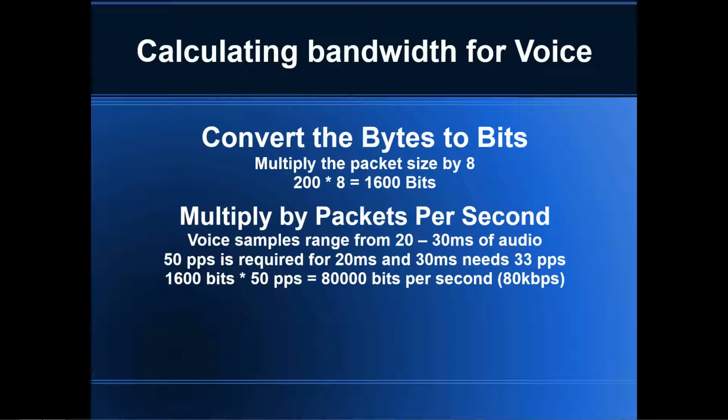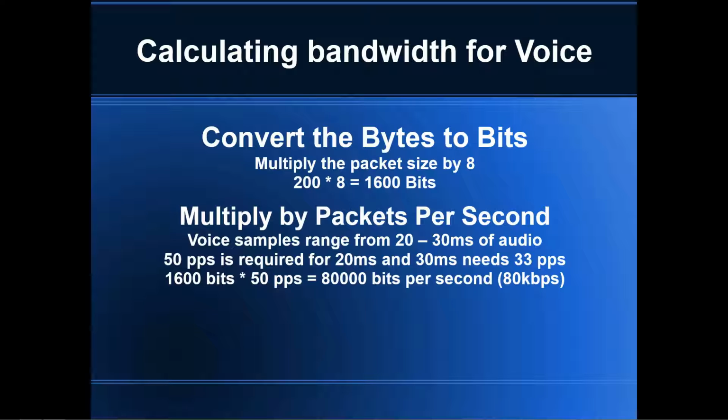That means there's going to be 50 packets per second for 20, and if we're doing a 30, we need at least 33 packets per second. So let's assume that we're just doing our 20 milliseconds. So if we have 1600 bits, we have 50 packets per second, that's 80,000 bits per second.